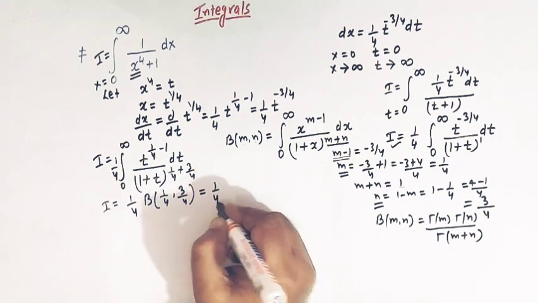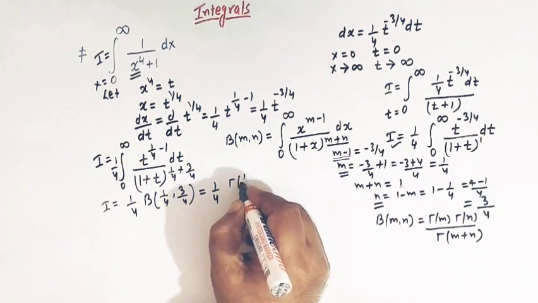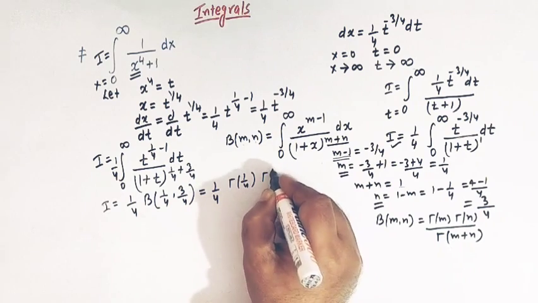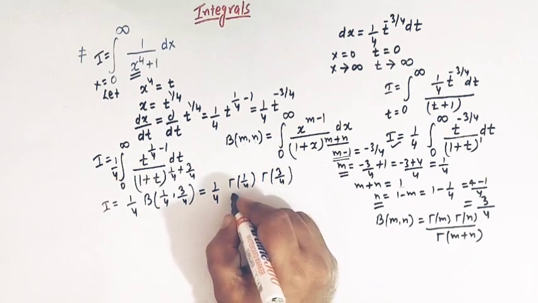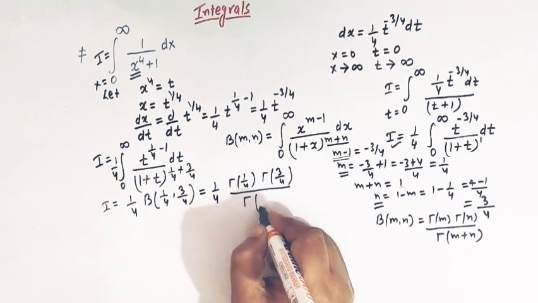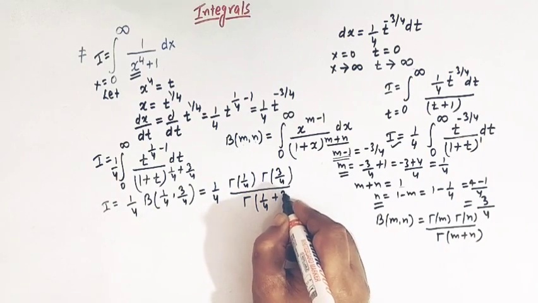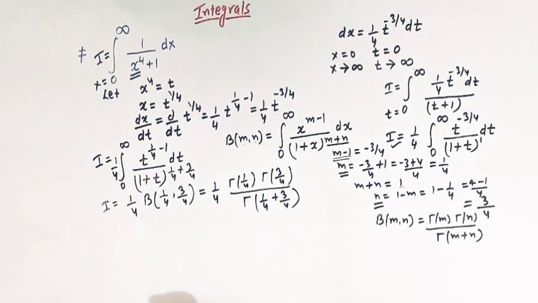So here we have 1 by 4, gamma of 1 by 4, gamma of 3 by 4 divided by gamma of 1 by 4 plus 3 by 4, right?